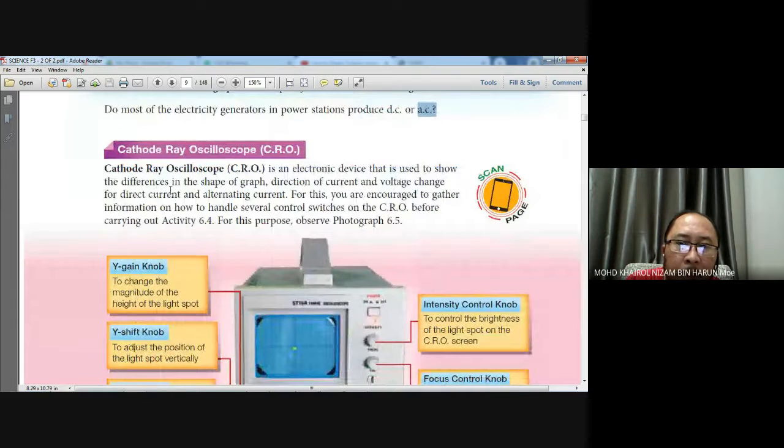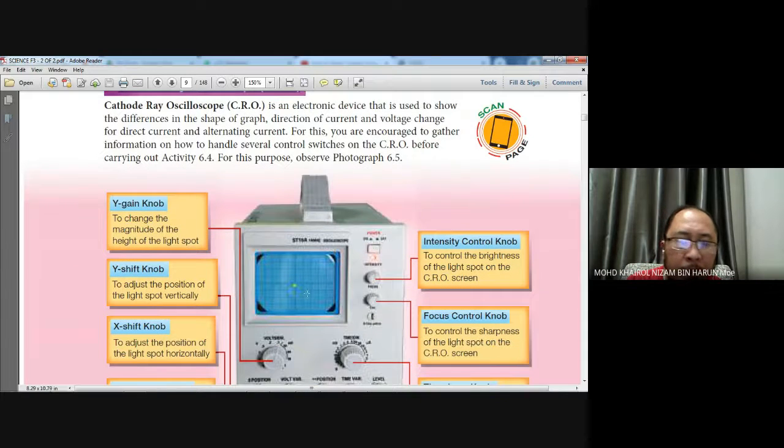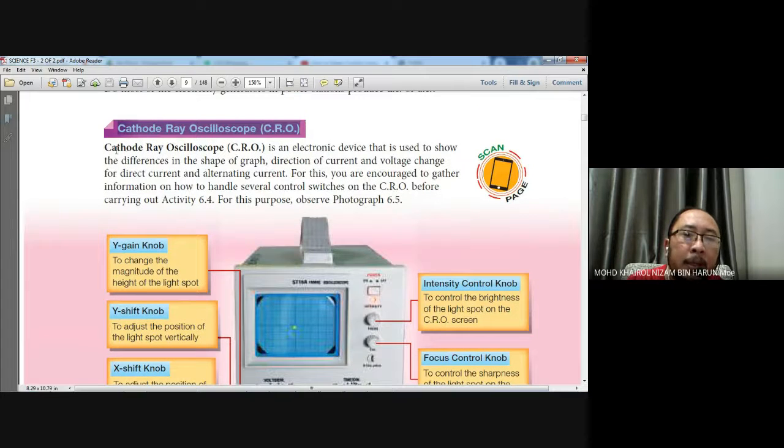And now we look into this one. But this one is exactly difficult to explain, because we have a practical session on how to use what we call a cathode ray oscilloscope. This is an electronic device that explains the characteristics of two types of electrical current.